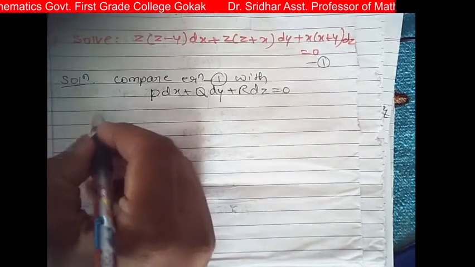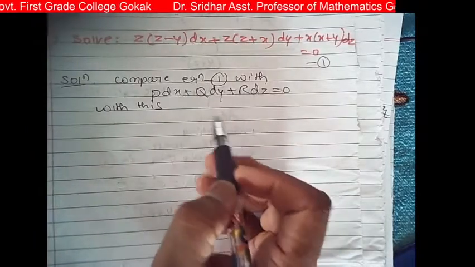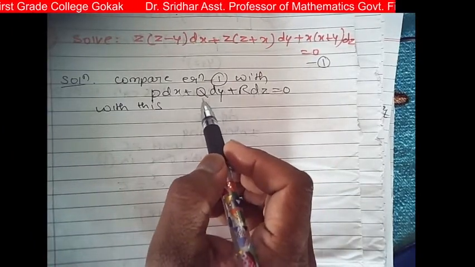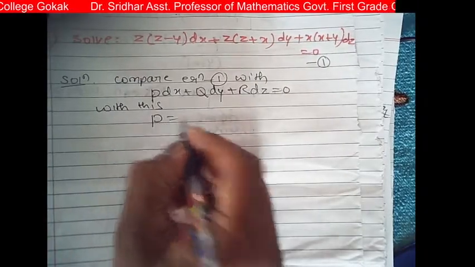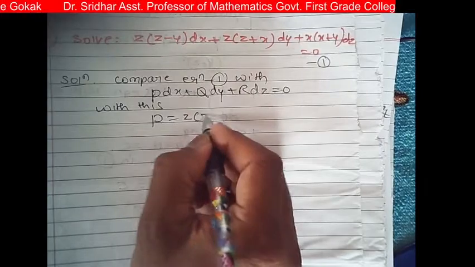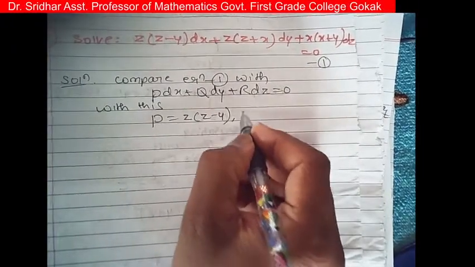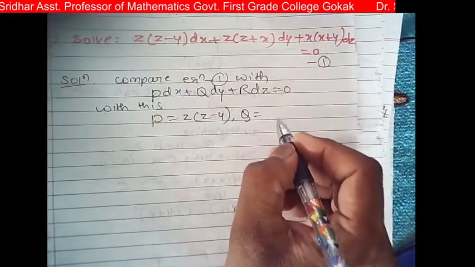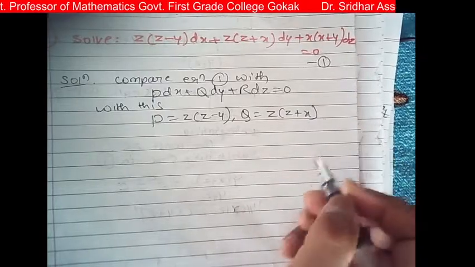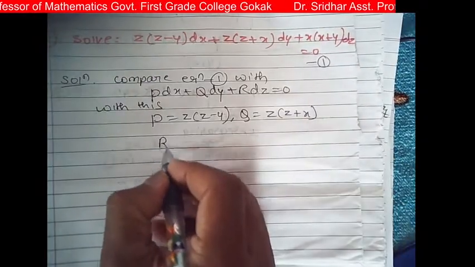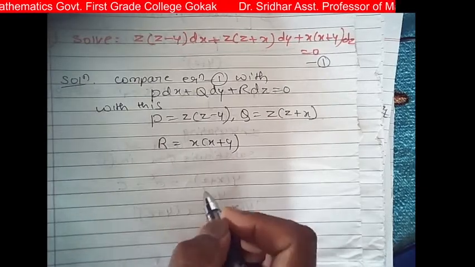With this we come to know what is P, what is Q and what is R. So here P is equal to z into z minus y, then Q is equal to z into z plus x, then R is equal to x into x plus y.